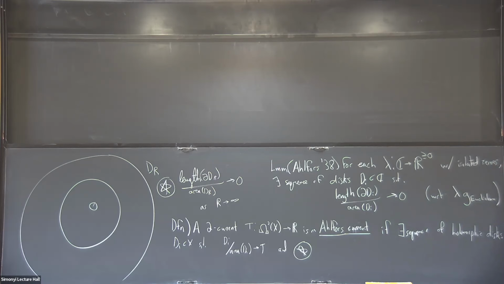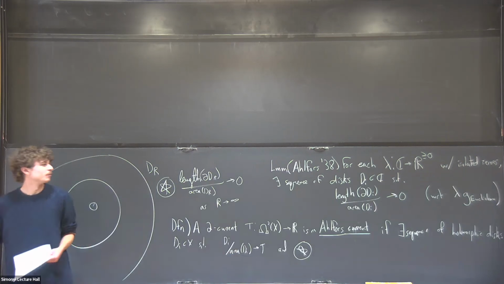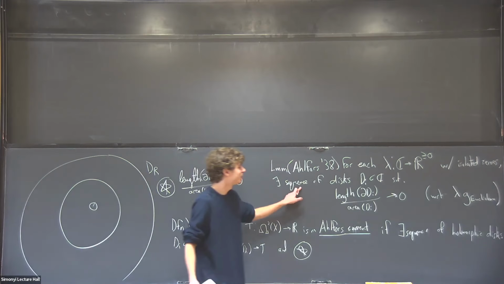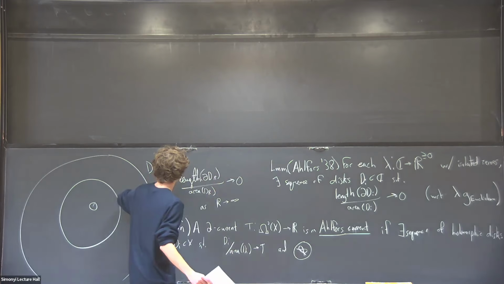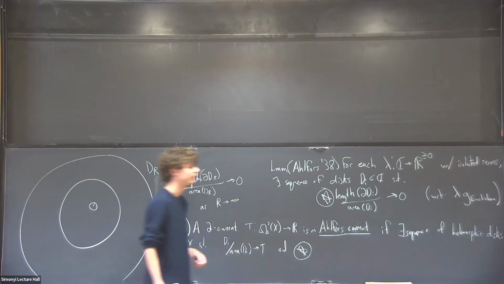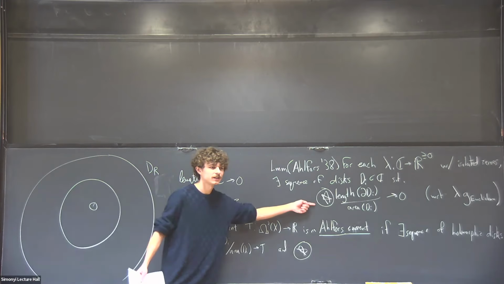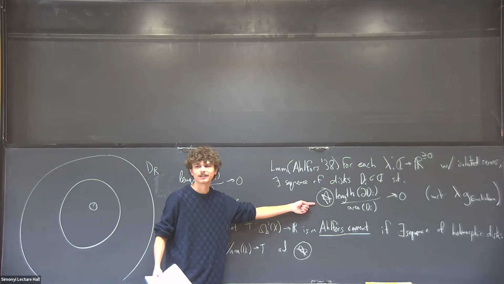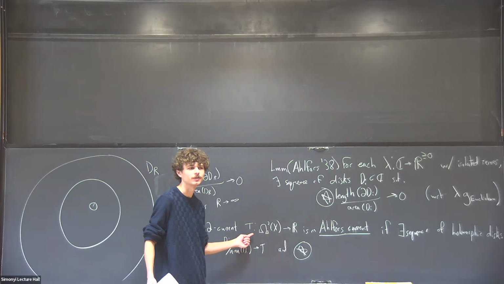That's the exciting part. If you have a complex line, then by the Ahlfors lemma it's the same story: you get a sequence of disks satisfying this, and then by Banach-Alaoglu you can take a subsequence which converges to an Ahlfors current.